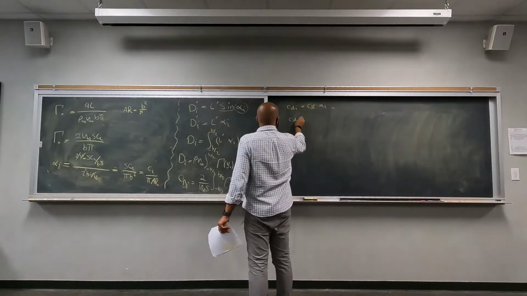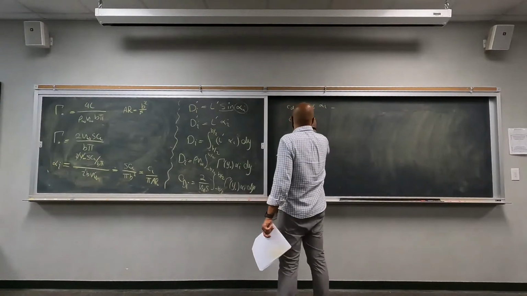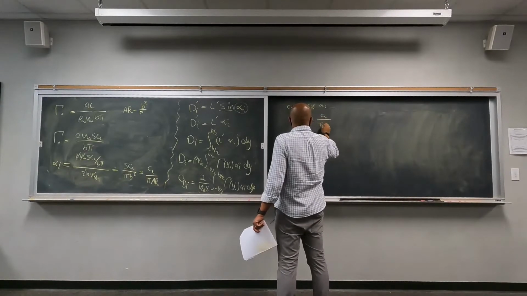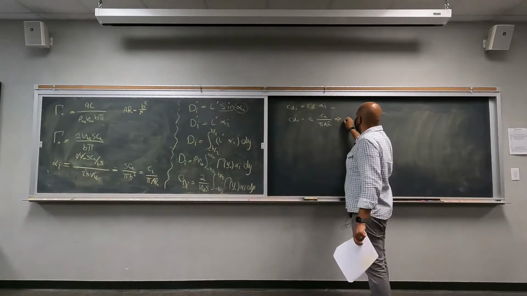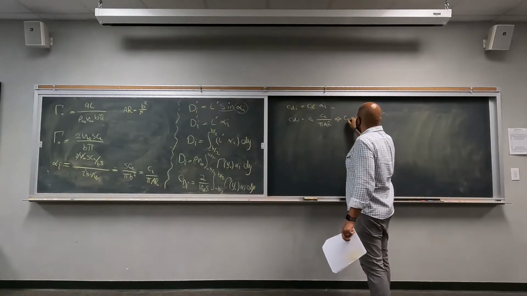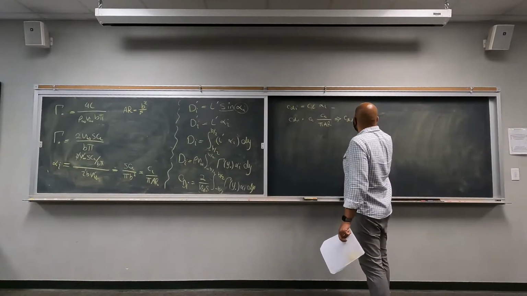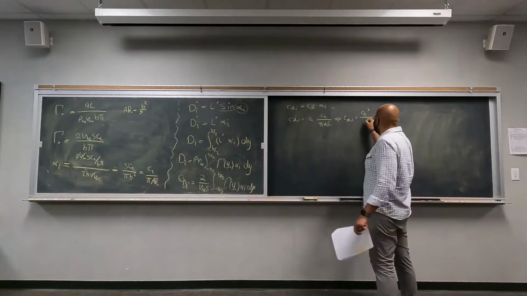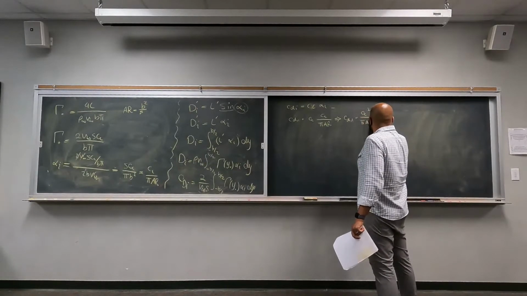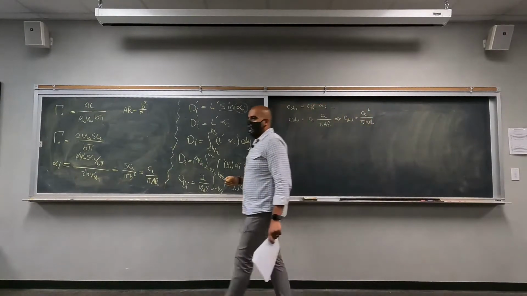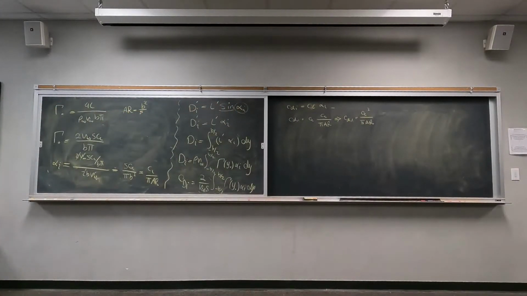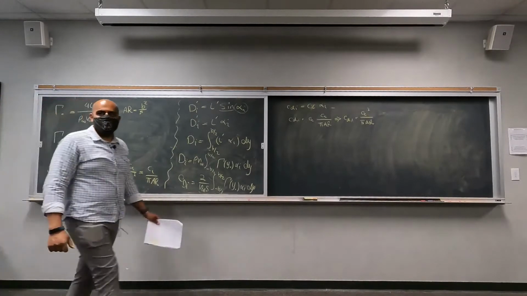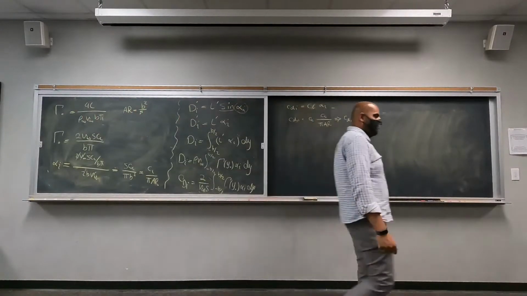So CD I, the induced drag coefficient, is going to be CL multiplied by CL divided by pi AR, which means the induced drag coefficient is CL squared divided by pi AR. This is the most commonly used equation when it comes to the calculation of the induced drag.